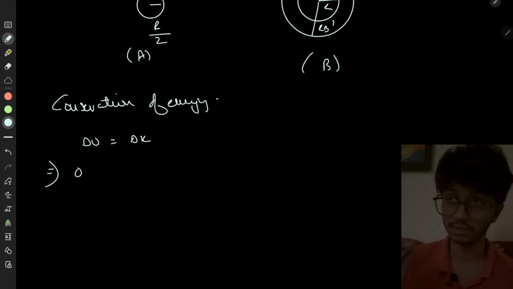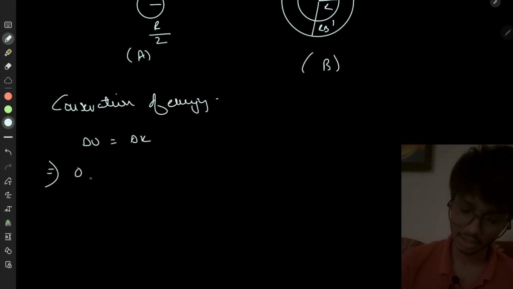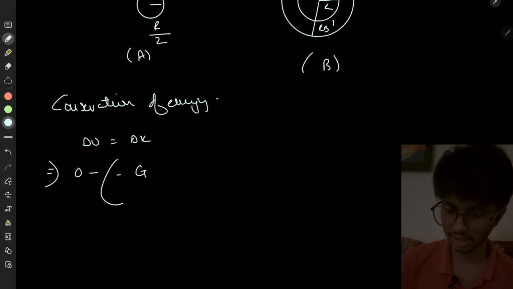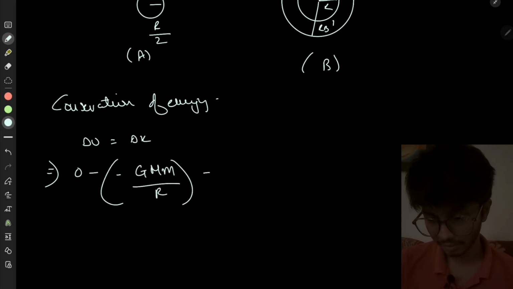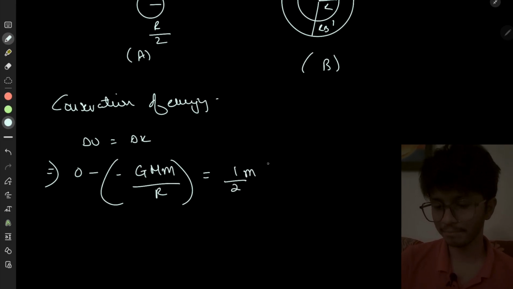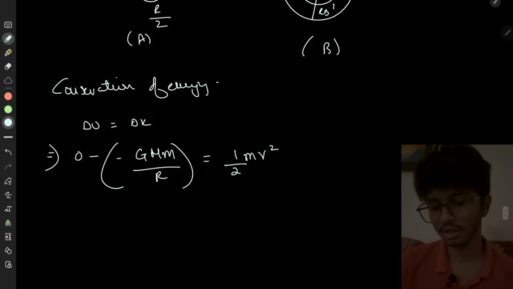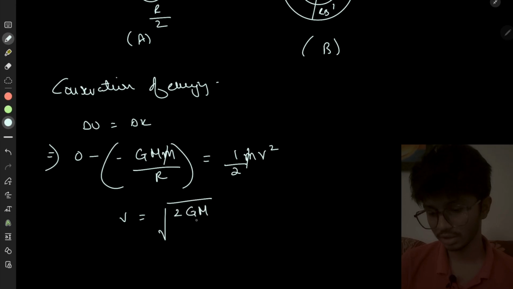Initial is 0 because it will go to infinity, it's escaping out, minus GMm by R. This is the formula for potential energy, that is equal to half m v square. This gets cancelled, so v comes out to be root 2GM by R.